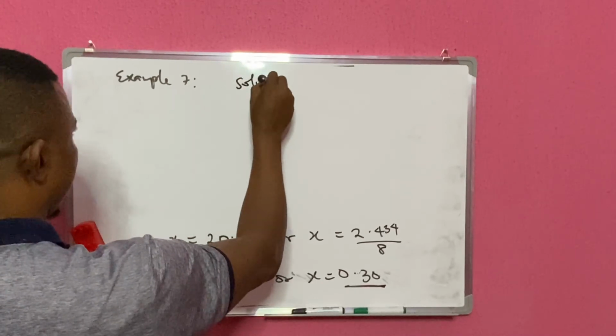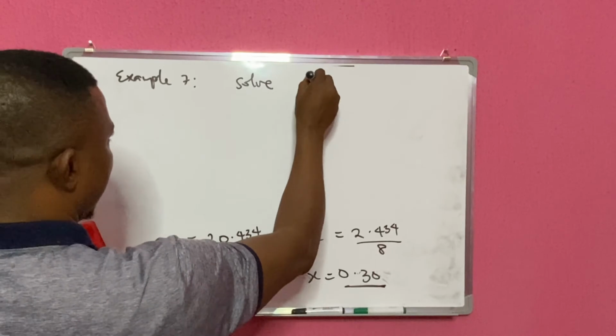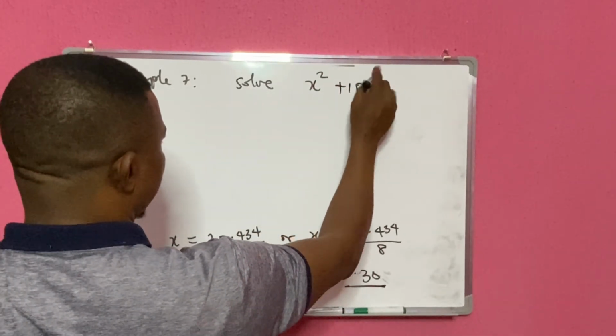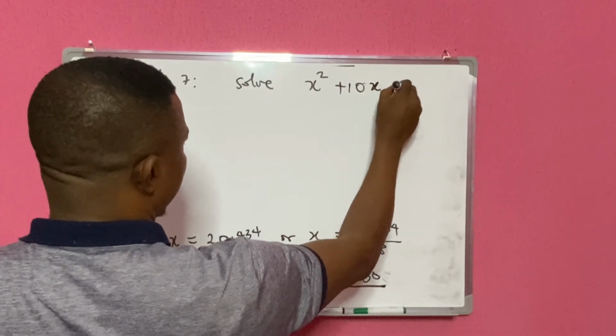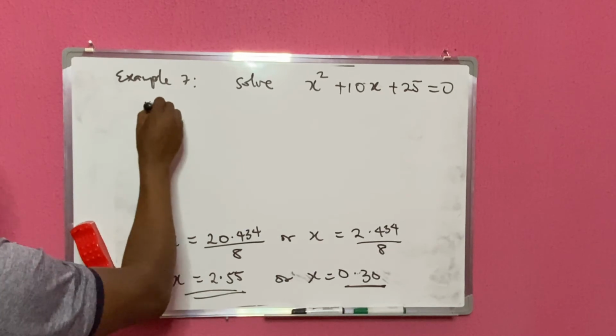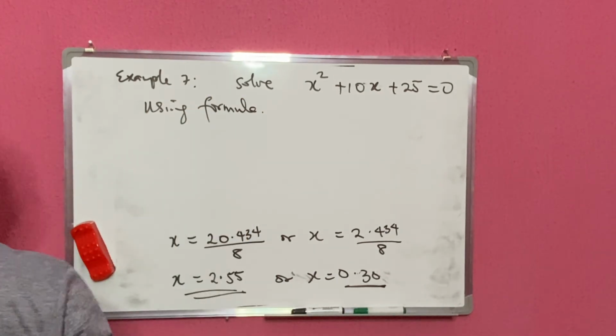Solve x squared plus 10x plus 25 equals 0 using the formula.